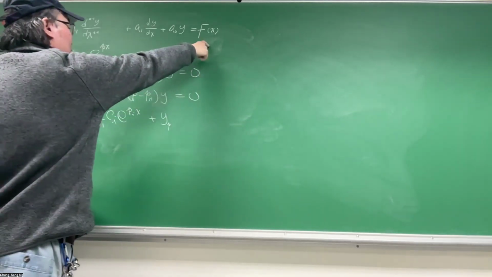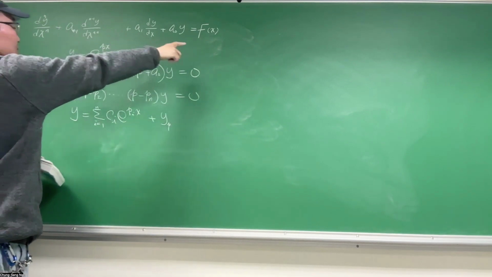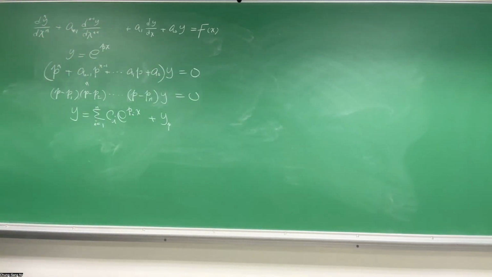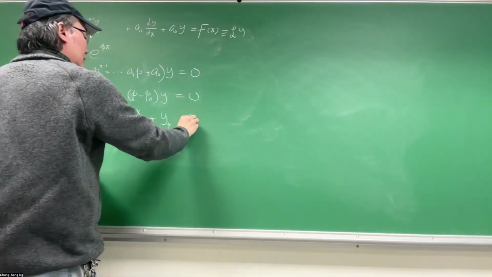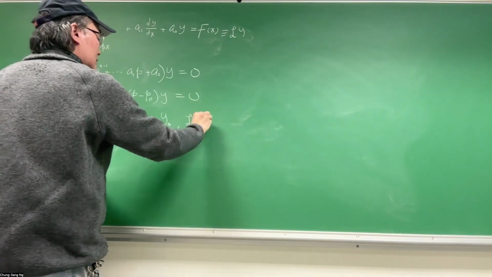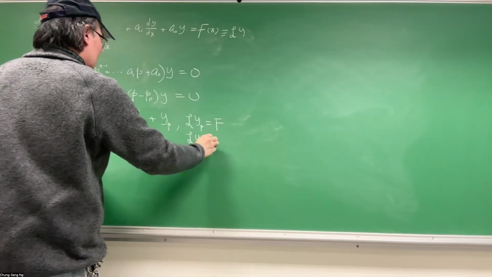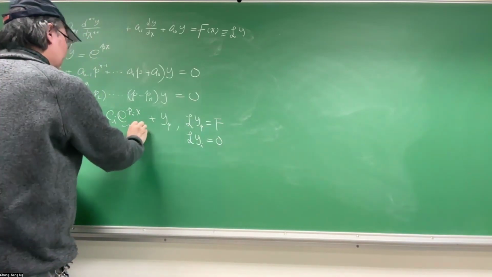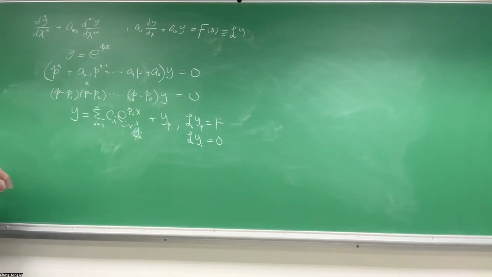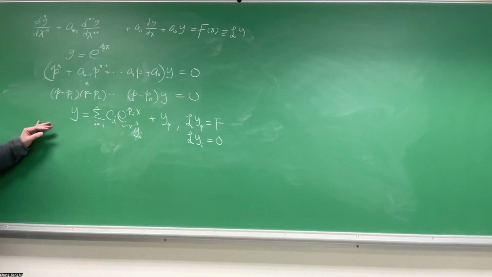But if you have an inhomogeneous term, you need to find one particular solution that satisfies the equation with the right-hand side f. Basically, you define this as the operator L. You require L of y sub p equals f, and L of y sub i equals 0, where y sub i is just the exponential function. Okay. That's the solution, right?